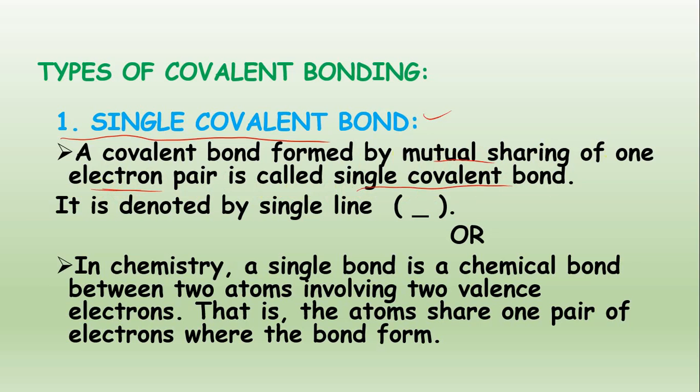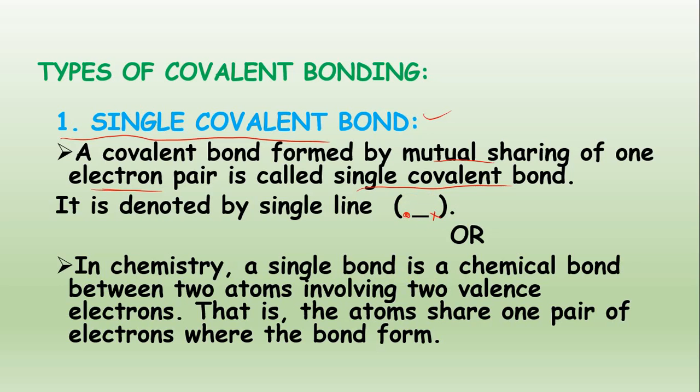Or you can say that if there are 2 atoms, each will share one electron. Then what will happen at the end? There will be one pair, right? That is the reason it is denoted by a single line. One electron from this side, one electron from this side. So this will be single covalent bond.